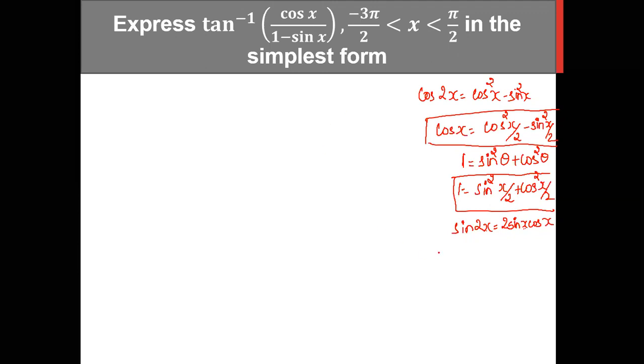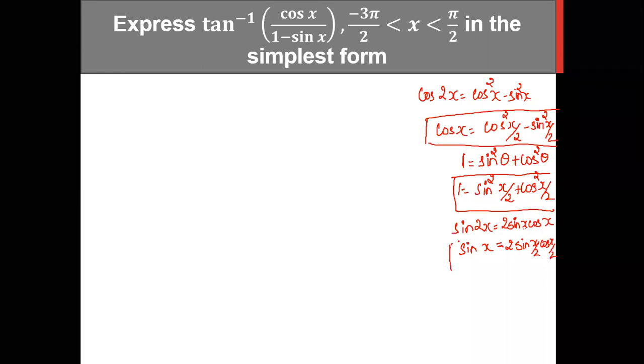But now I have sin x. What is the half of x, students? Half of x is x by 2. So this becomes 2 sin x by 2 cos x by 2.